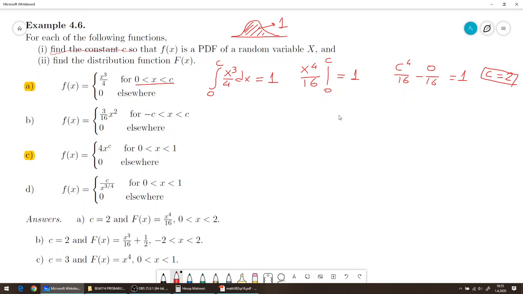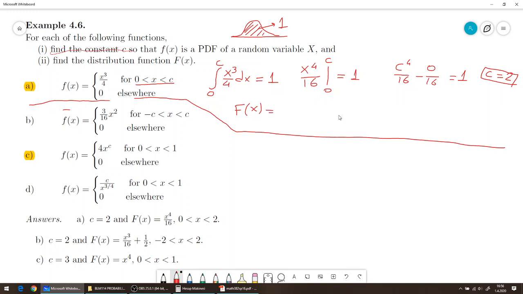This is the first part of the question. Find the uppercase F function for part A. What is uppercase F of x?